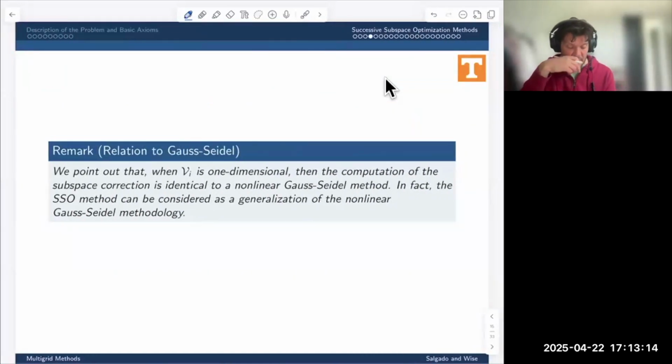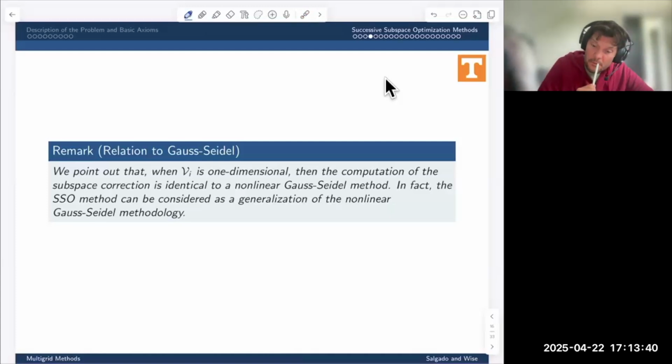Interestingly, and you might remember this from numerical analysis class, whenever I take V_i to be one-dimensional spaces, then the computations that are involved in the subspace correction method are exactly like the Gauss-Seidel method. Now, we saw this whenever we were minimizing this functional.